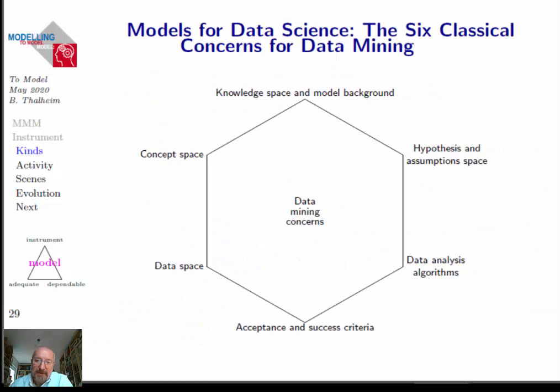Okay, in this case we can maybe also go to another kind of model, the models that we are using for analysis, for instance for data mining. Then we have 6 classical concerns considered in the literature: knowledge space and model background, concept space, data analysis algorithms, hypothesis and assumption spaces, and of course acceptance and success criteria.